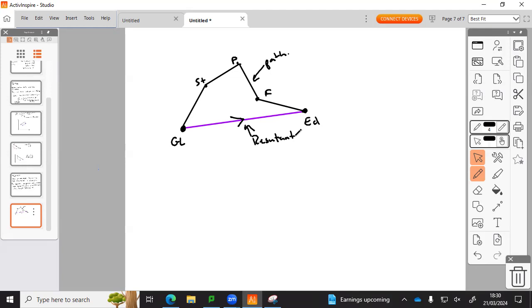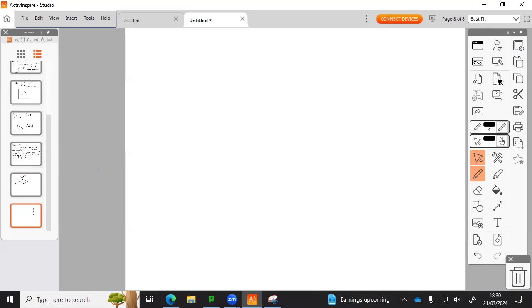Now, at this point, we'll just note the vectors are written in two ways.